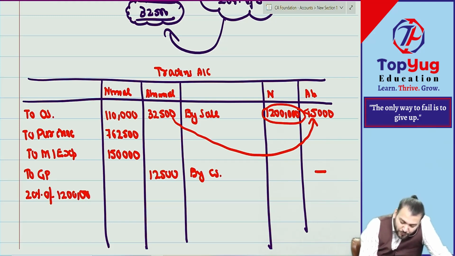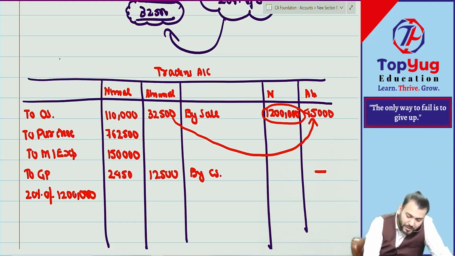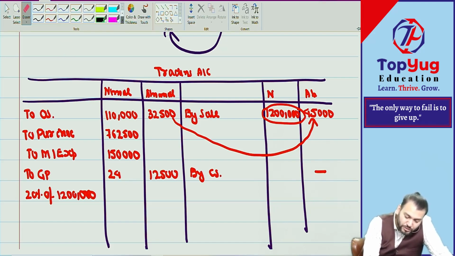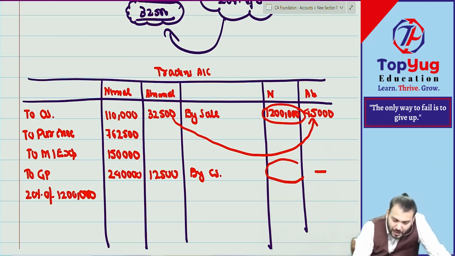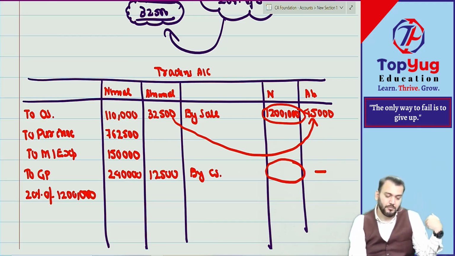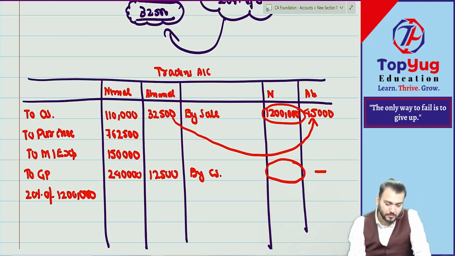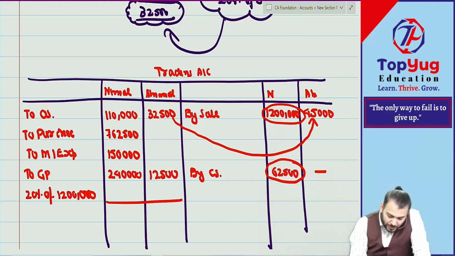So how much profit on this? 2 lakh 40,000. So can you find out the balancing figure as closing stock? Can you give me this amount? 62,500. Have you understood?